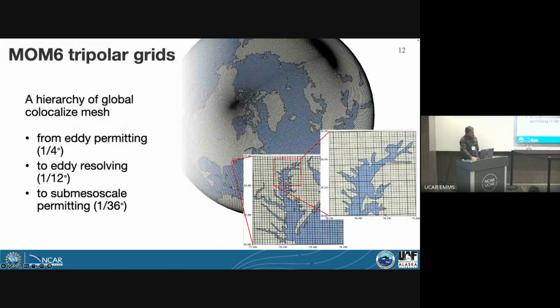So just to illustrate those 2 points, this is the mesh that we created for MOM6 at NCAR, and we essentially created a hierarchy. There is the 2/3 degree that is a standalone grid, because this one uses tropical mesh refinement, so it's impossible to do this exercise there.